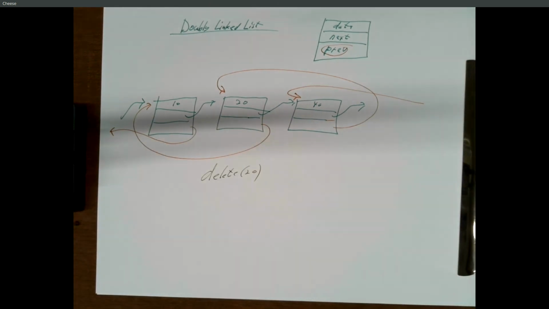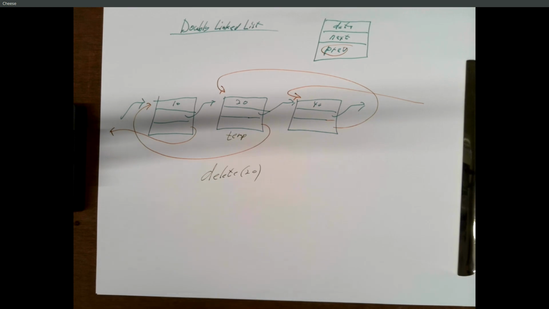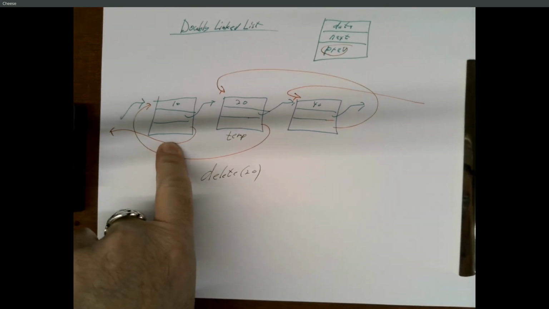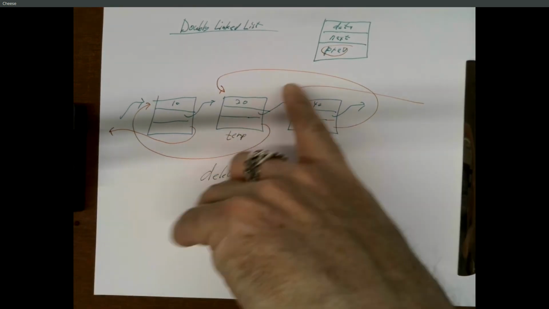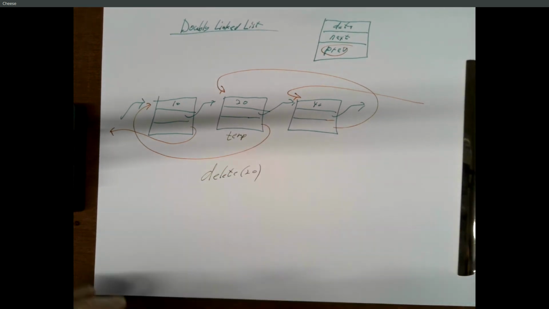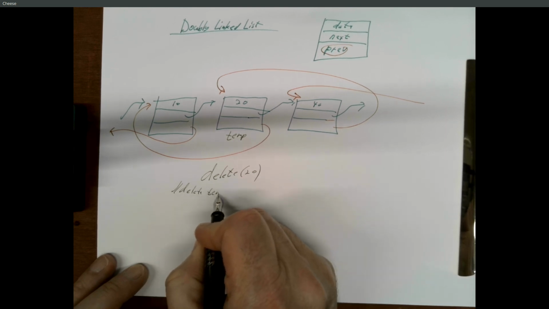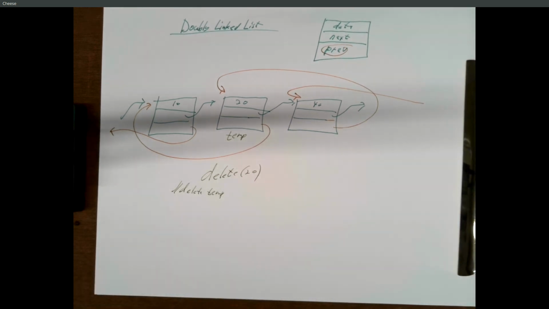Let's say that our temporary node is right here. We don't need to remember what the node was before it. We can get to it through the previous field. So if we want to delete temp, we've got all the information we need in that one node at temp. So what do we have to do to delete temp?